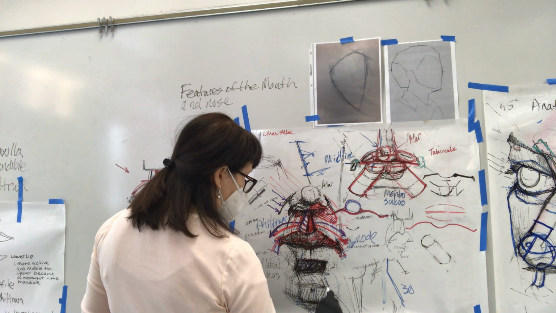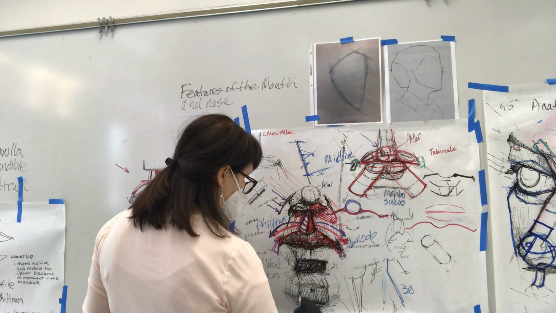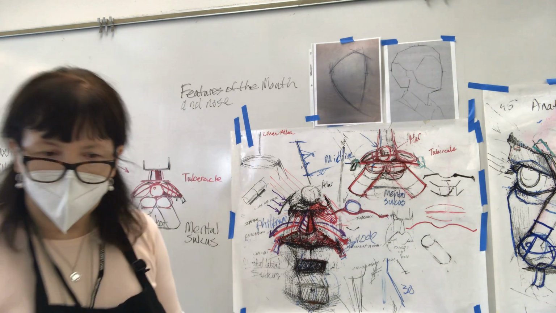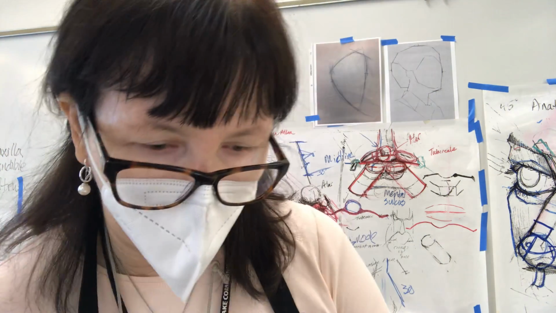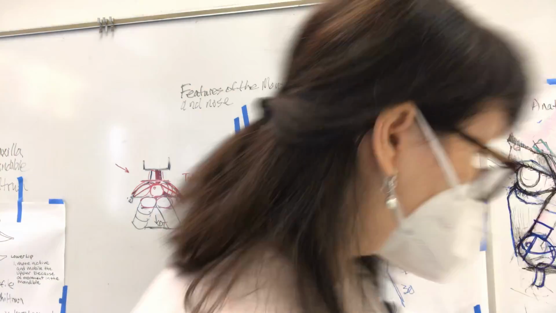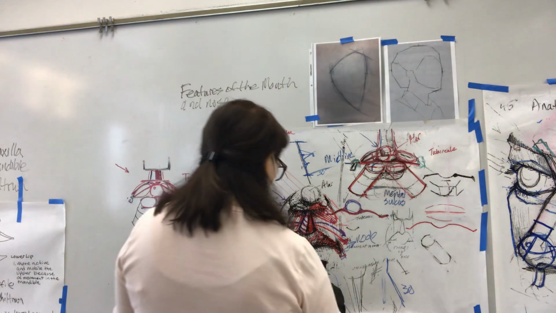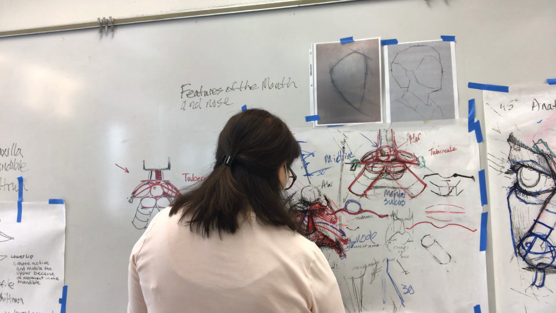As I mentioned, it's surrounded by the mentalis. If we were to see this, it's bifurcated, meaning that it's in two parts, with commonly, especially on a male figure, you'll see a cleft here.